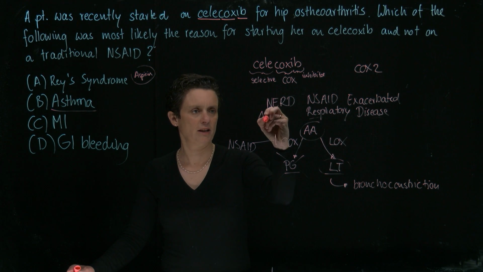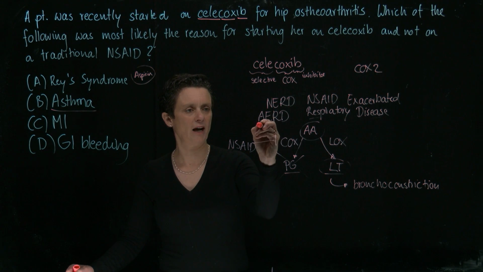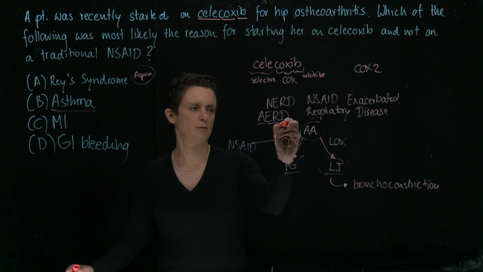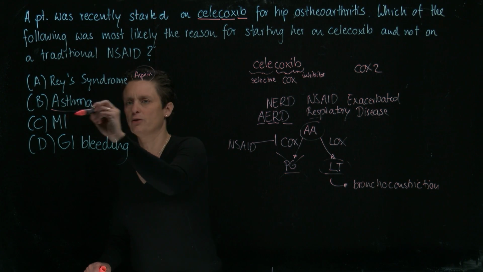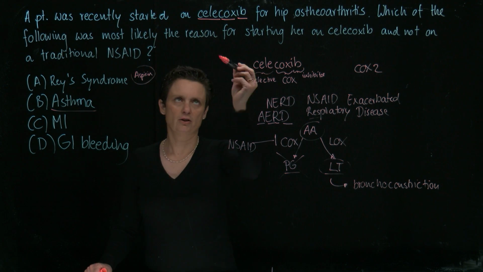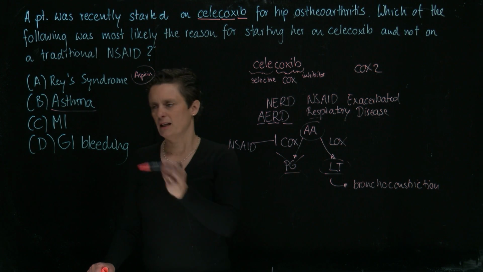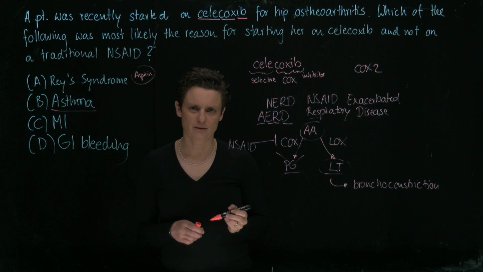Aspirin does it also, and it has another name, but it means basically the same thing. That's called AERD, aspirin-exacerbated respiratory disease. So that's something we see with all the NSAIDs, so that's also not likely a reason why she got started on Celecoxib.